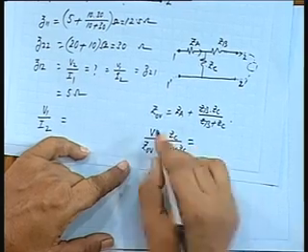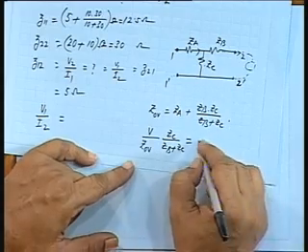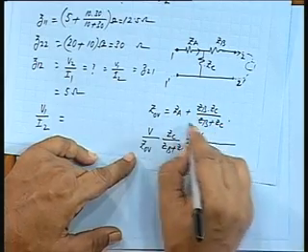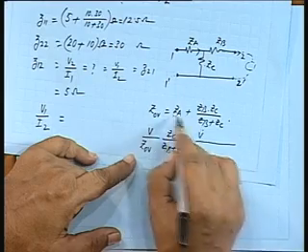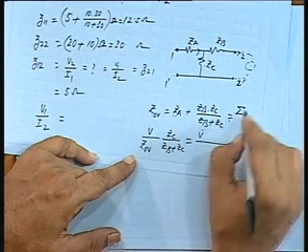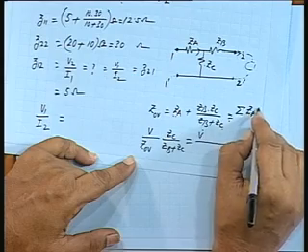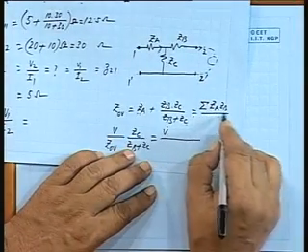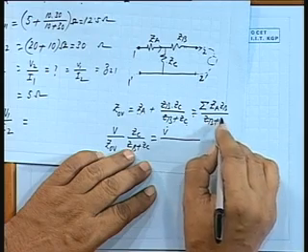And how much does it come out to be? V by Z overall is this. So I can write ZAZB plus ZAZC plus ZBZC. I will write in this form sigma ZAZB, which means all such terms taken together, by ZB plus ZC.